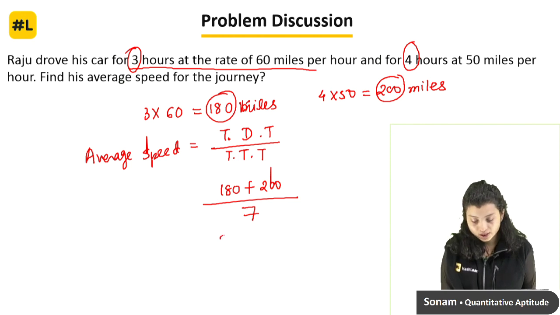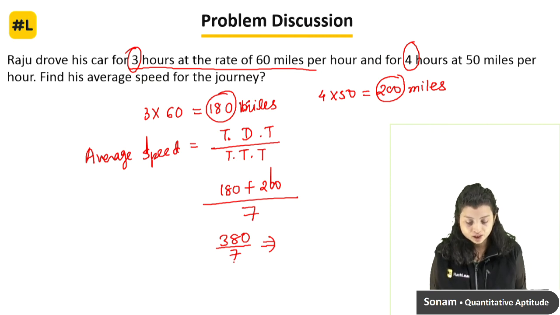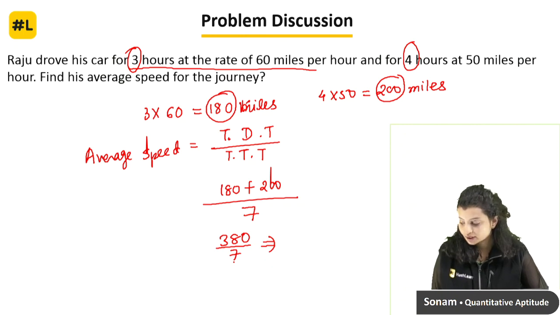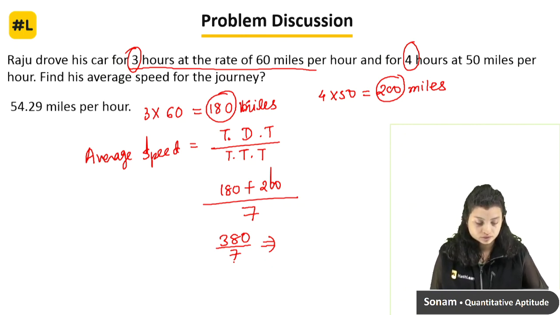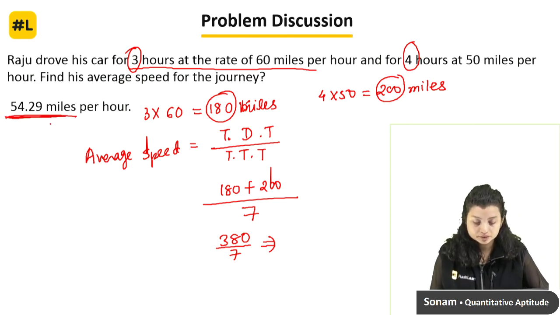So that is 380 by 7. Calculate it and tell me the answer. 380 by 7, how much will you get? 54.29 miles. Correct, guys?